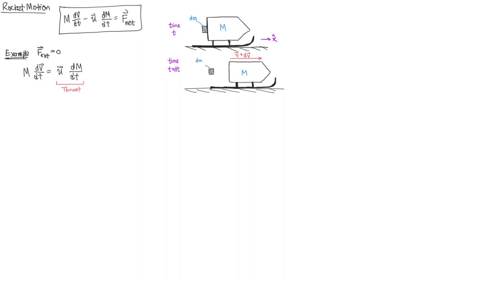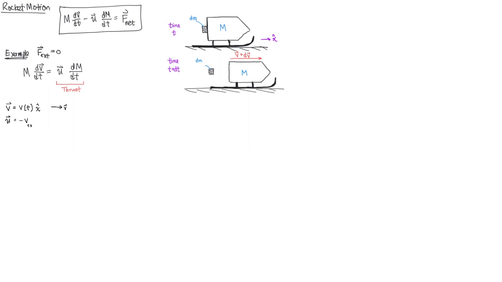Since we are talking about one-dimensional motion, let's just write these vectors out explicitly. We can say the velocity vector is velocity as a function of time, a scalar, in the x-hat direction, and that will be in the positive x-hat direction. The rocket's always moving to the right. And then the exhaust velocity is always going to be pointing to the left relative to the rocket.